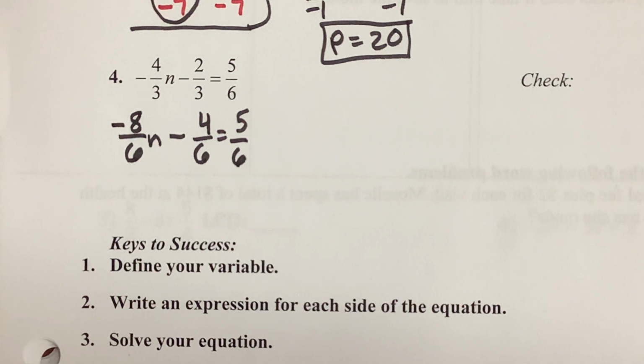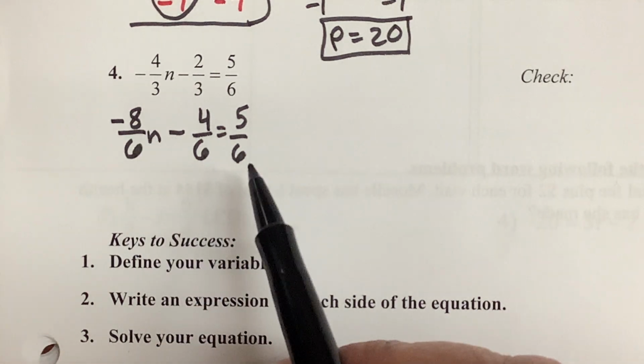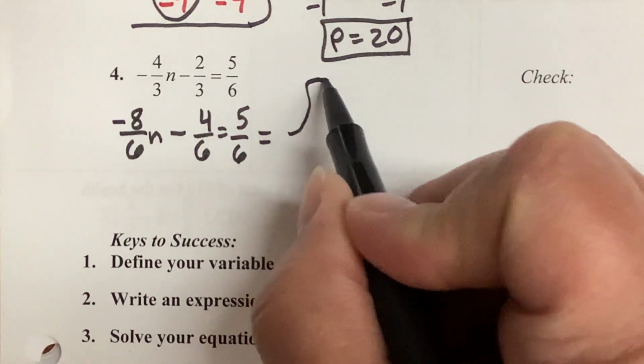And now is where I do the magic of math. Ooh, math magician. I am going to ignore the denominator altogether, and I am going to solve just the numerators.